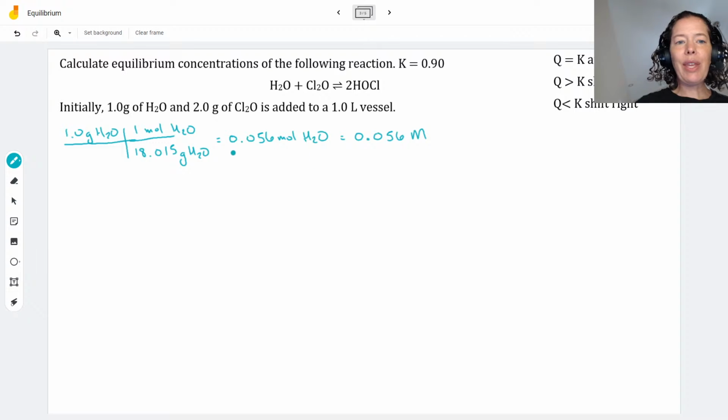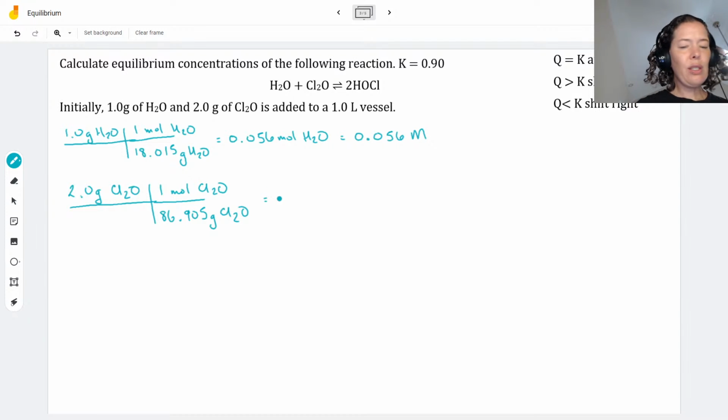Okay, let's do the same thing with our 2 grams of Cl2O. Again, we just use the molar mass. That is 86.905 grams Cl2O over 1 mole.